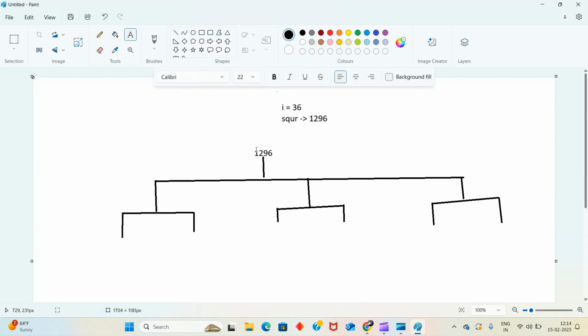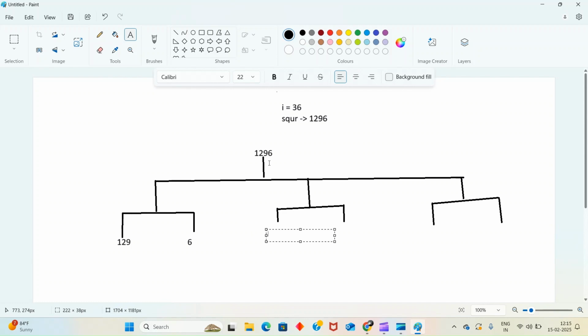Let's say I'm doing the partition from the beginning, or we can make it at the end. So from the end also we can do, let's say 129 and 6. This is my one partition.